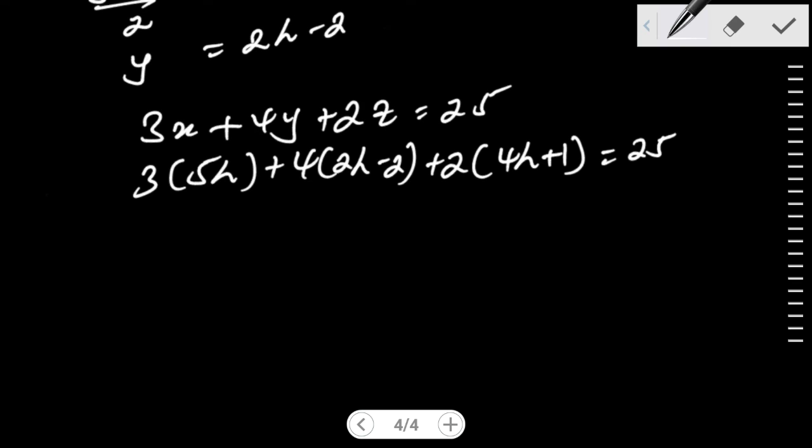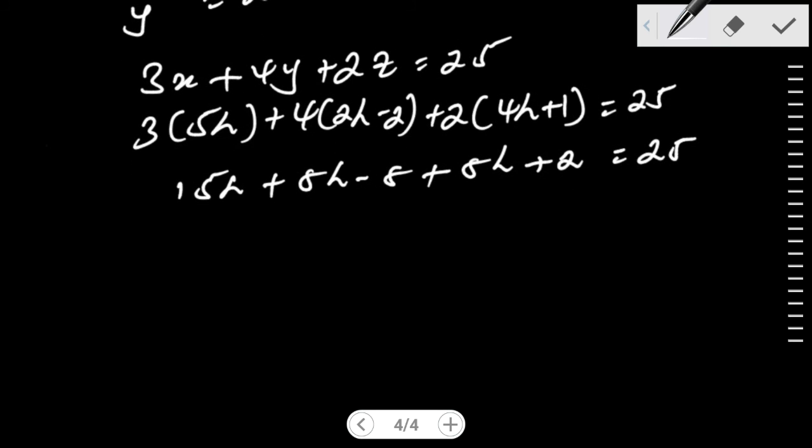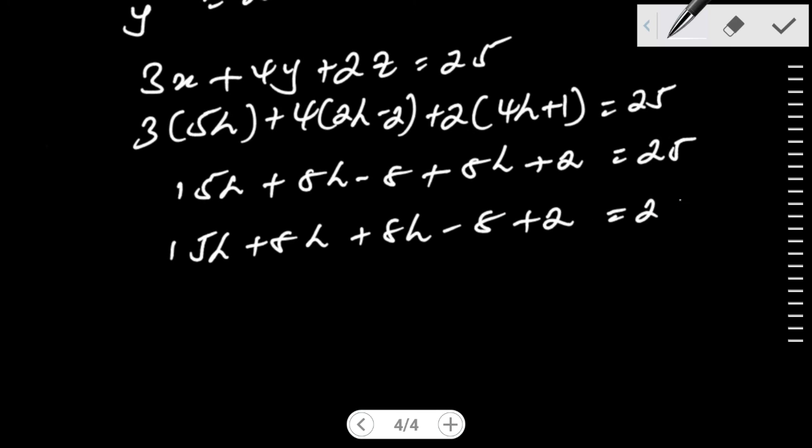And therefore we have 15 lambda plus 8 lambda minus 8 plus 8 lambda plus 2, which is equal to 25.